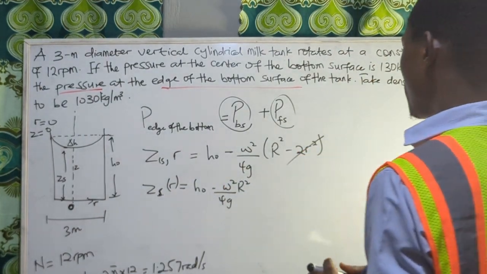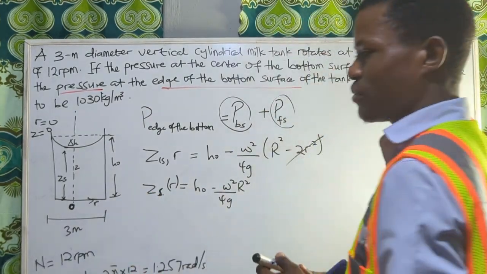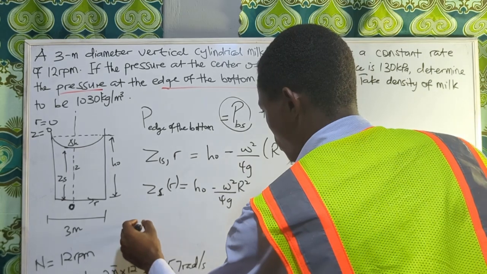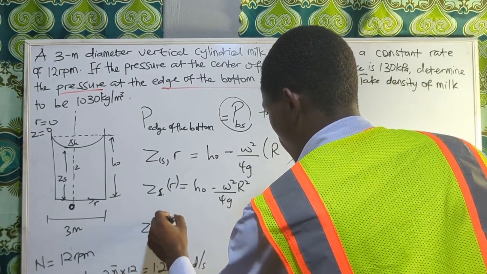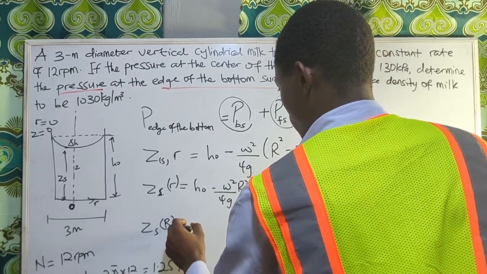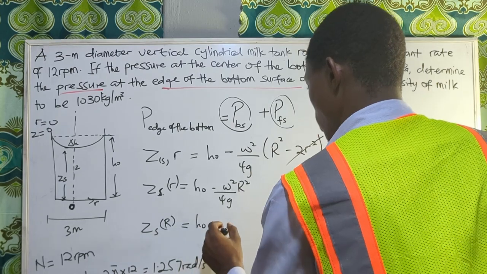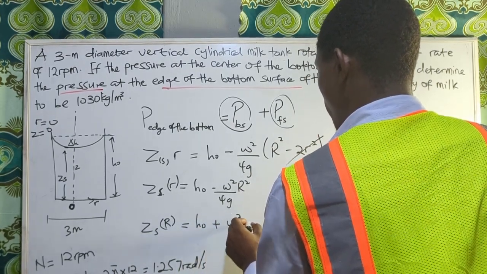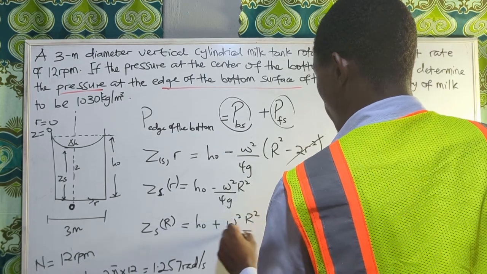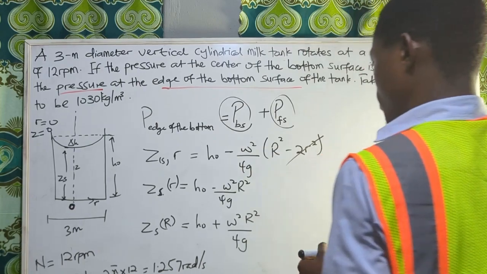We can also find the free surface for the big R. So ZS at big R is also going to be equal to H naught plus omega squared big R squared over 4g.